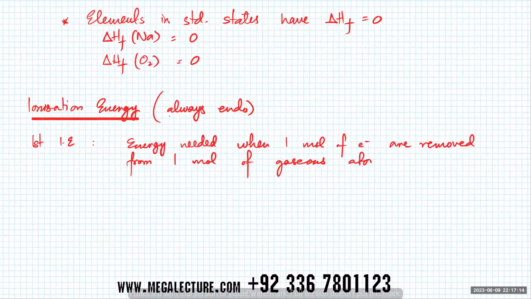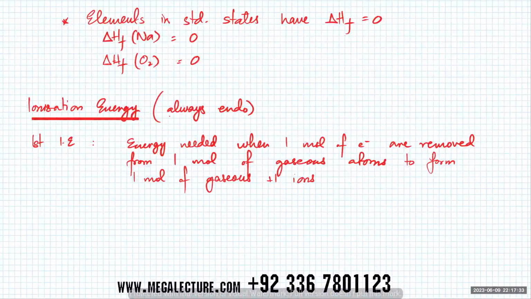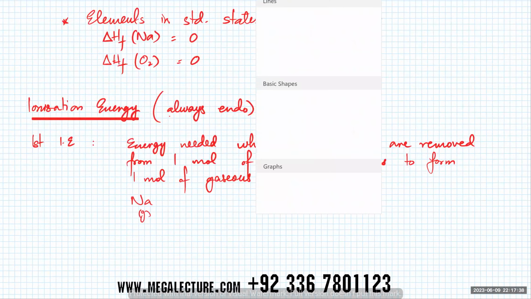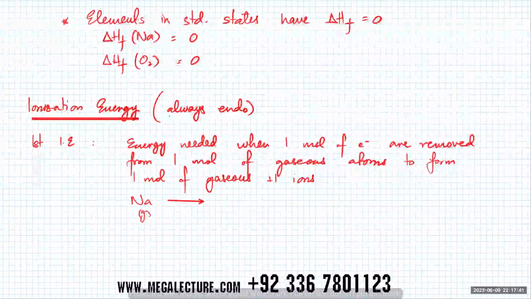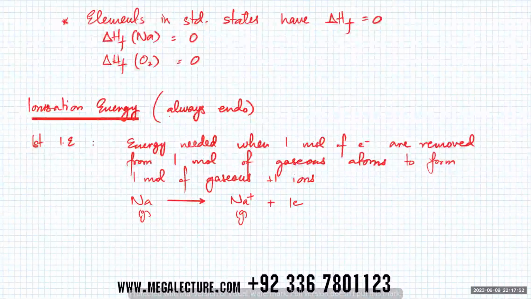So from 1 mole of gaseous atoms to form 1 mole of gaseous +1 ions. The equation could be that you have sodium, gaseous, any element, and you remove 1 mole of electrons from it. It's going to become Na+ gaseous plus 1 electron.